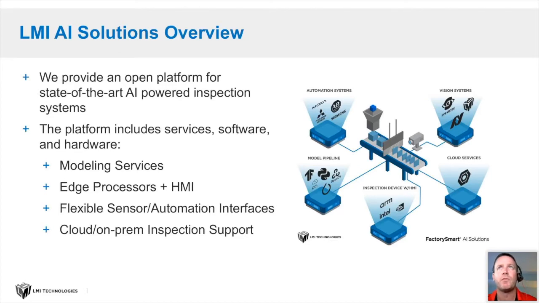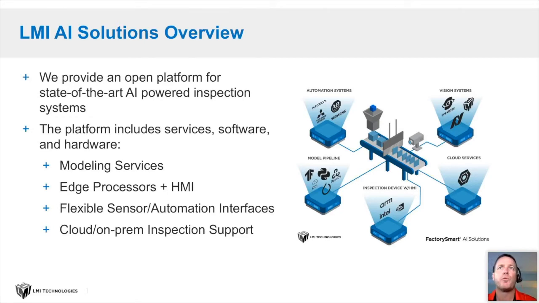The automation systems could be a PLC or a robot downstream, and the vision systems could be a 2D or 3D vision sensor or camera system. And so the inspection gadget communicates both to the sensors, and we'll talk more about that, but also to the downstream automation, usually over an Ethernet protocol.